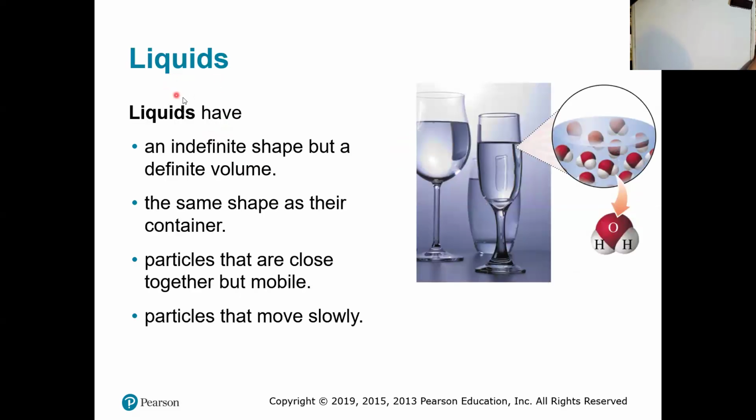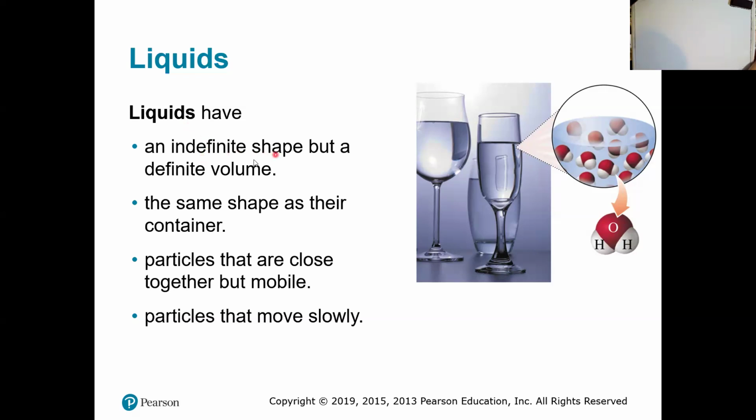Then we're going to have liquids. Liquids are a little different from solids because of how their particles move. The particles that make up a liquid are still very close together. Okay, very, very close together. But they can move past one another. They're not locked in a position.